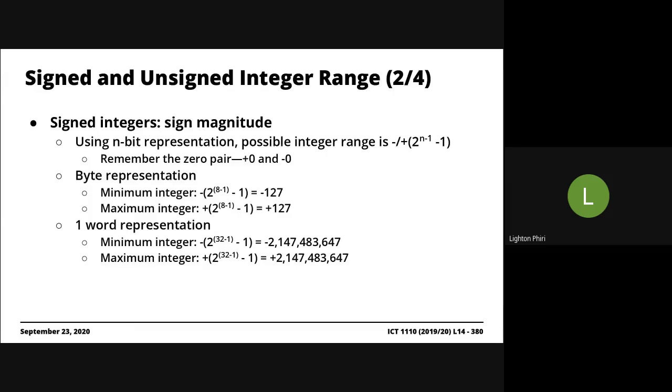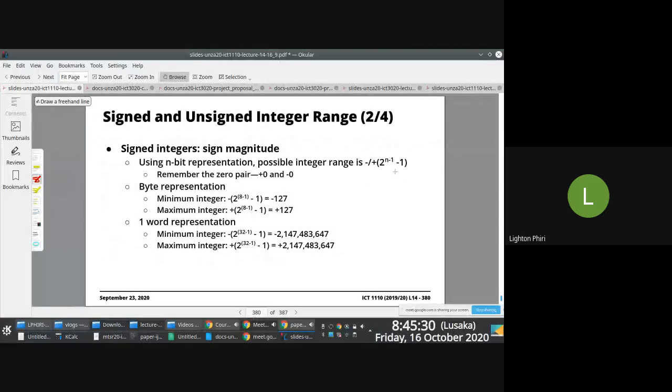You remember those 2 zeros, which is why the range of integers you're going to be working with is positive or negative 2 to the power n minus 1, minus 1. Another way of looking at this is that it goes from negative 2 to the power n minus 1, minus 1, all the way up to positive 2 to the power n minus 1, minus 1.